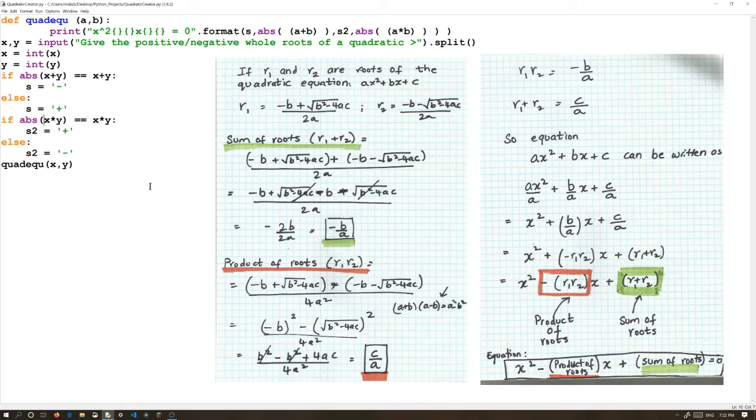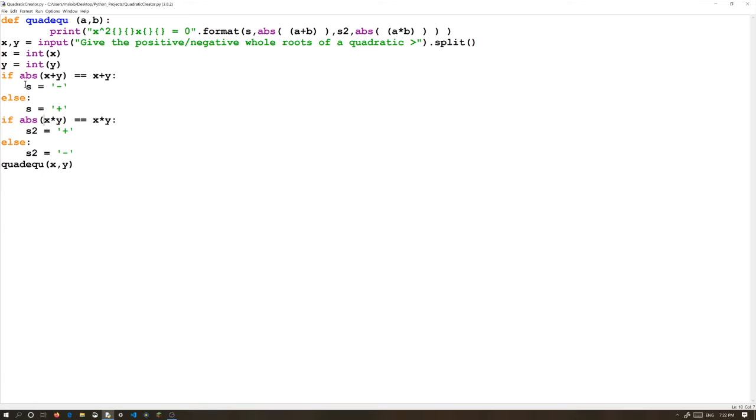And so you can use those equations to figure them out if there is no actual coefficient to x squared. So that's what I'm using here. So then it goes quad equa of x, y. So that's the code. And if it sounds a little bit complicated, go watch a video about quadratic equations, and that might make this a little easier.